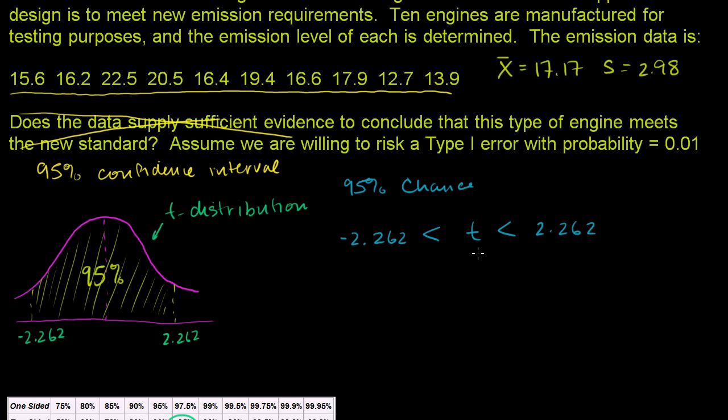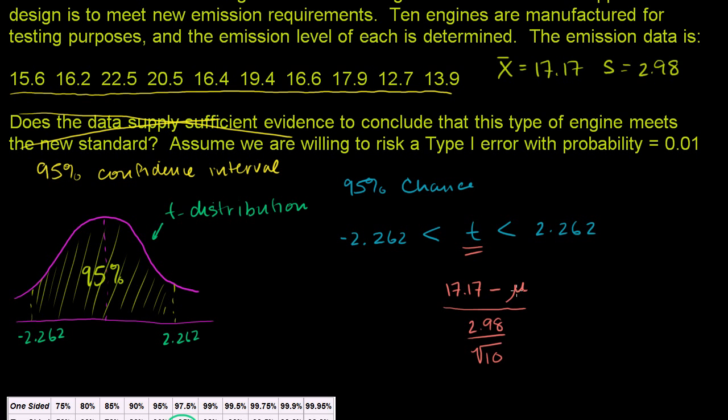So the t statistic that we can derive from that is going to be our mean, 17.17, minus the true mean of our sampling distribution, which is also going to be the same as the true mean of our population. That's our population mean over there, divided by s, which is 2.98, over the square root of our number of samples. We've seen this multiple times.